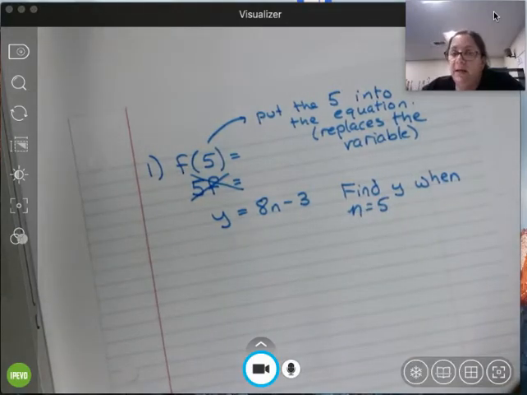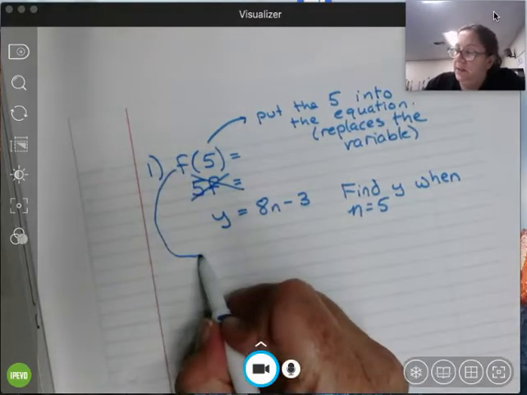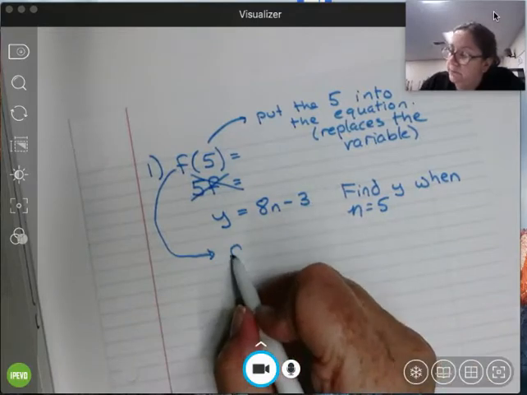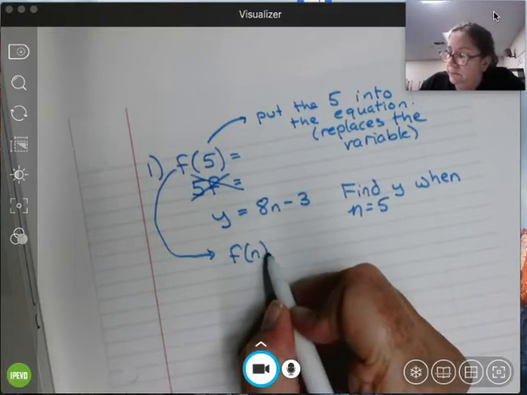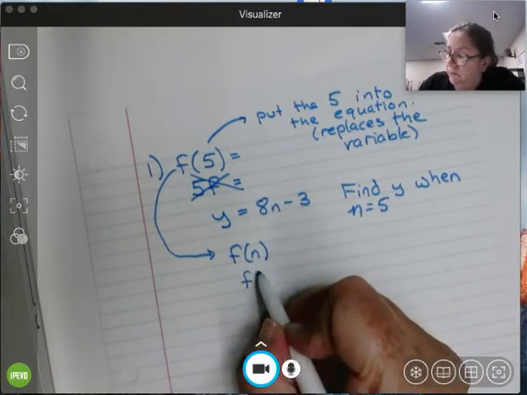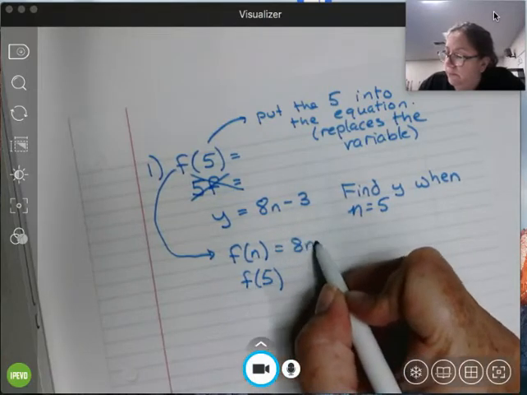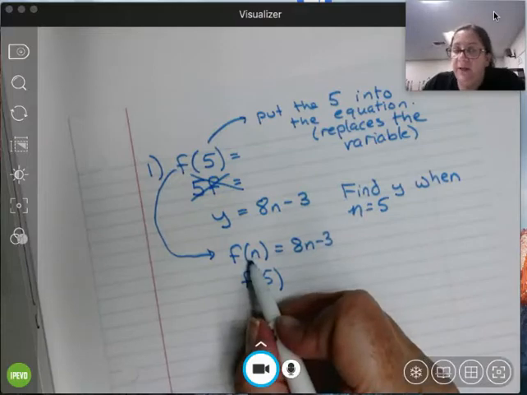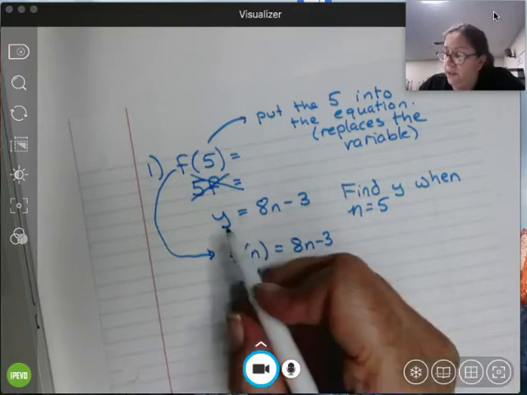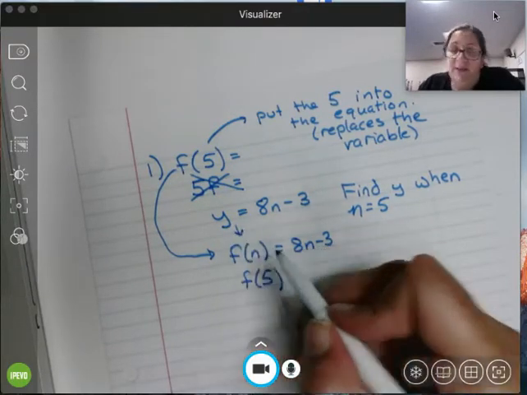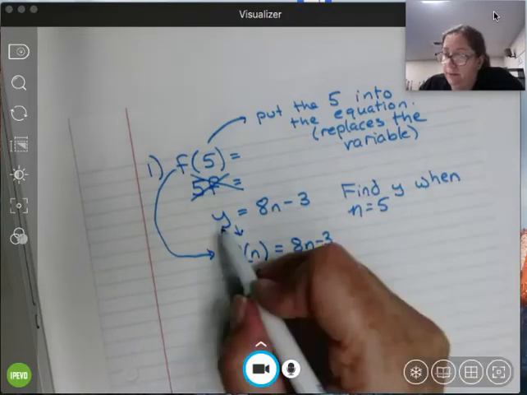But instead, they used this notation. They said f of n equals 8n minus 3. F of n is sort of a fancy way to say y, like the letter y.